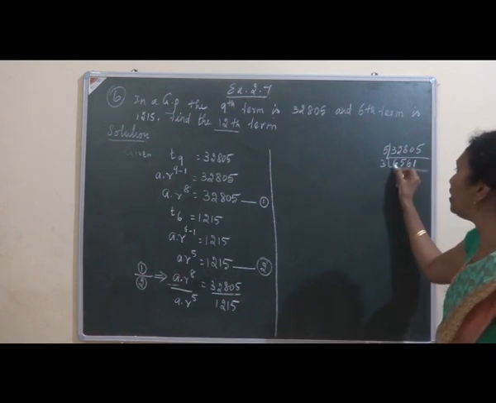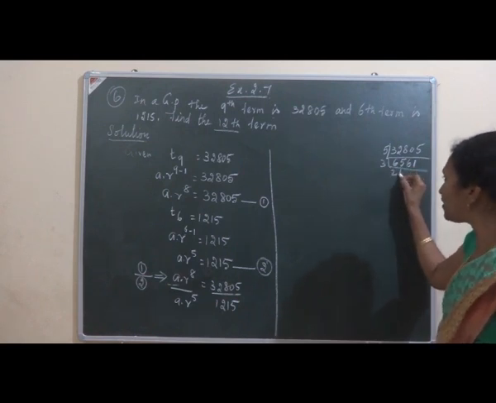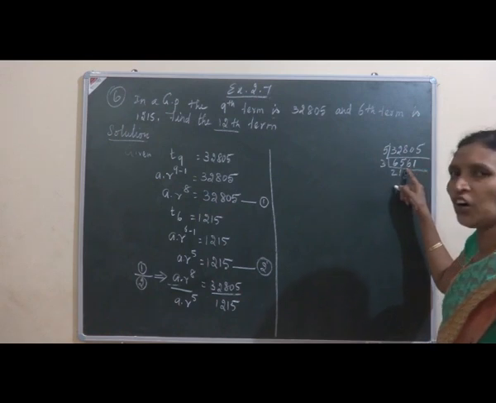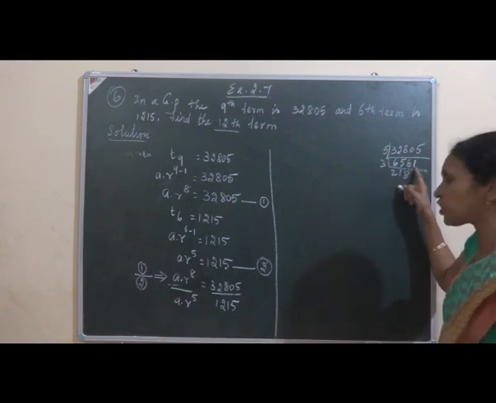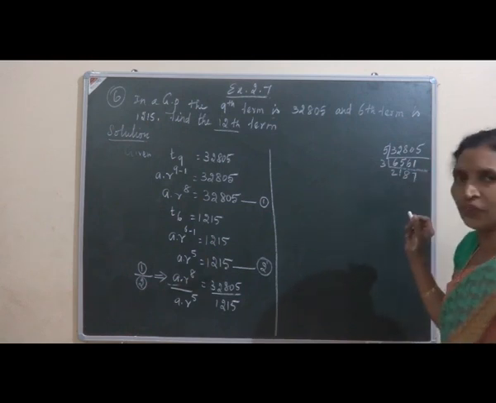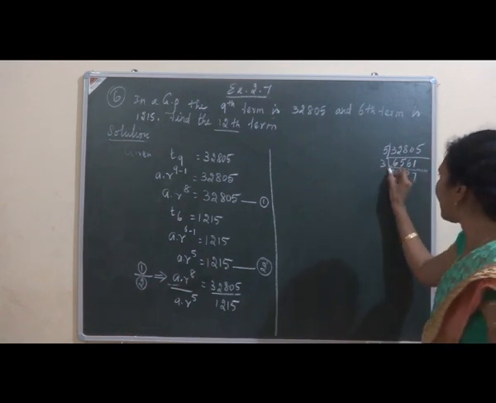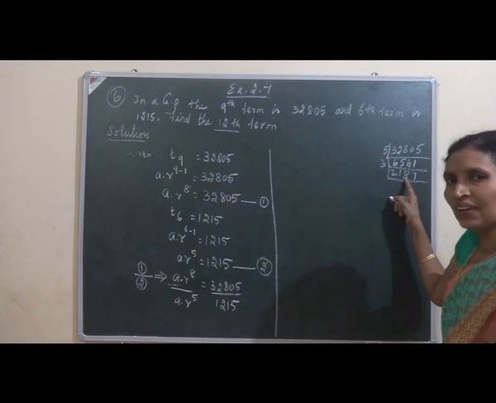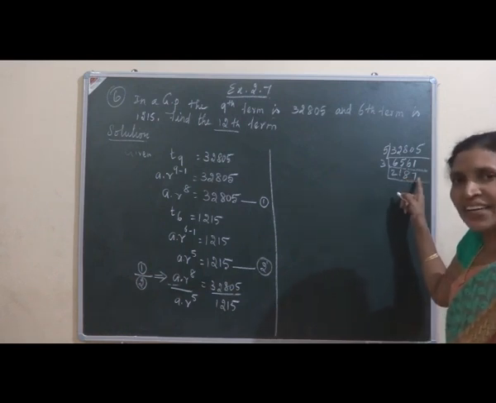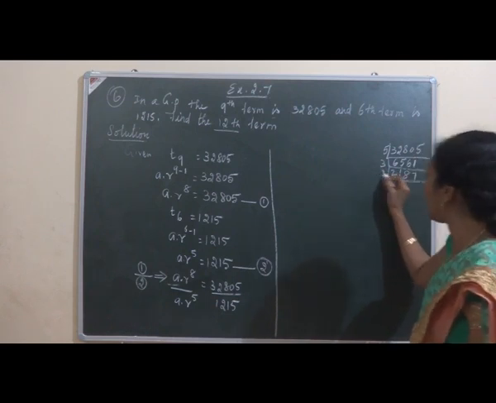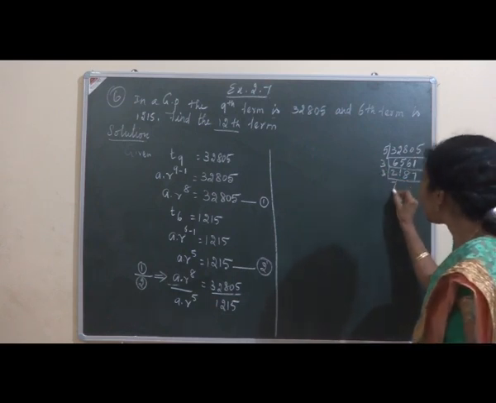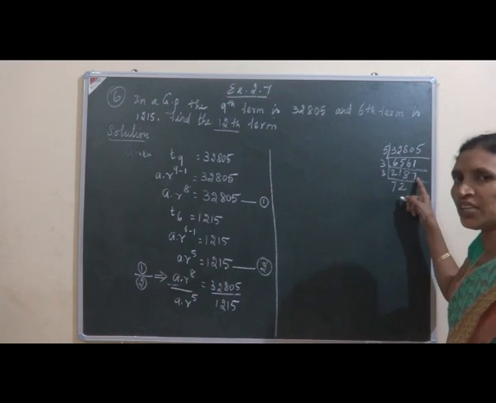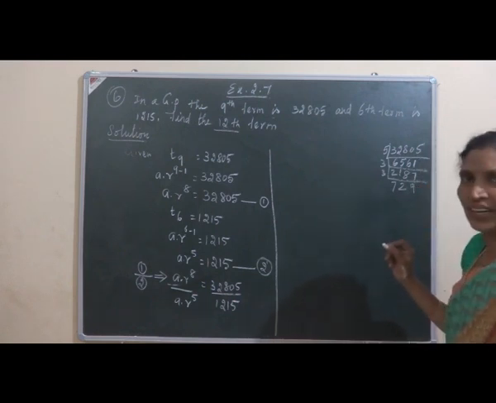Now you divide by 3 to get 2187. Again you check: 2 plus 1 is 3, 3 plus 8 is 11, 11 plus 7 is 18. 18 is divisible by 3, so here you take 3 again. That gives 729.